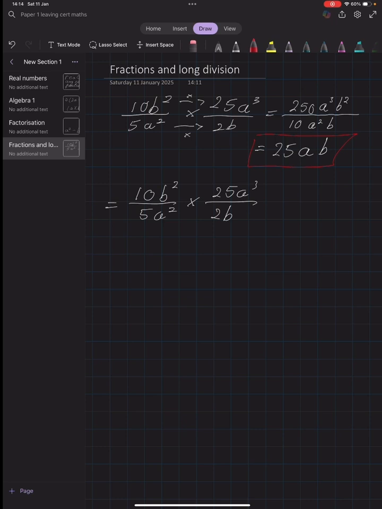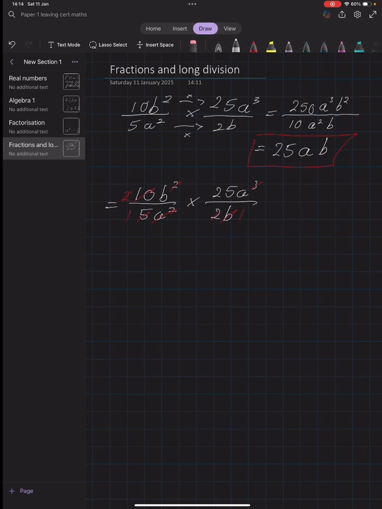First of all, I can divide 10 and 5 to get a 2. So 10 divided by 5 is just 2. This 2 cancels with this 2. This b squared cancels with that b to give 1. This a squared cancels with that a cubed to give a. So I'm left with 1.